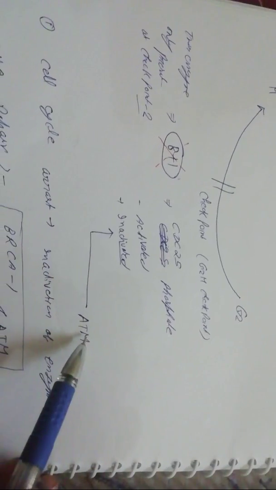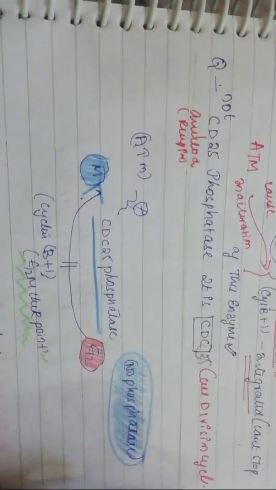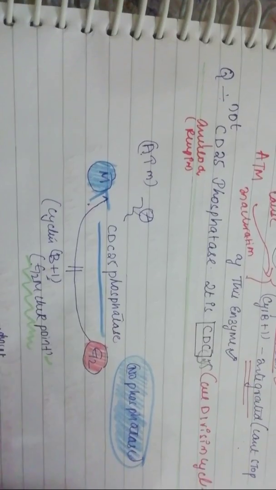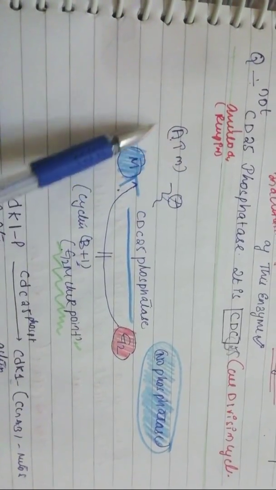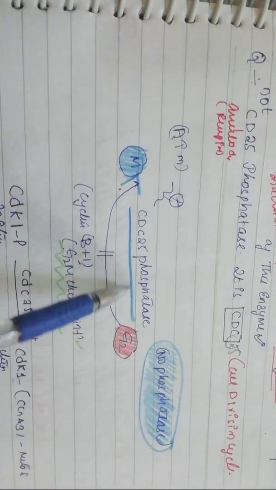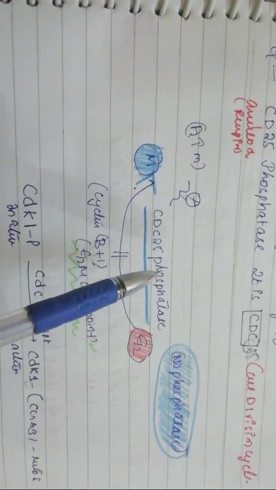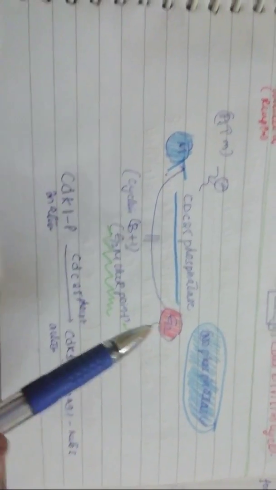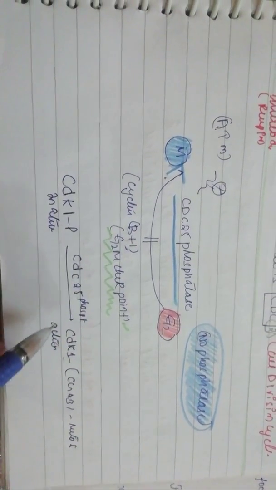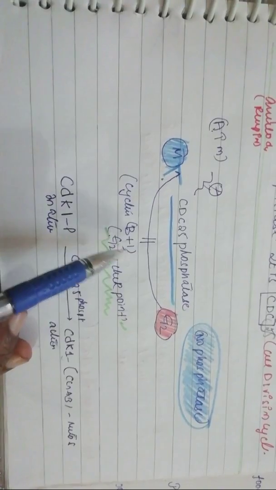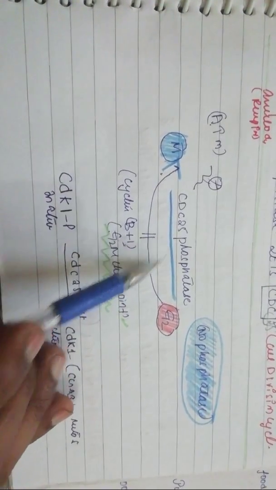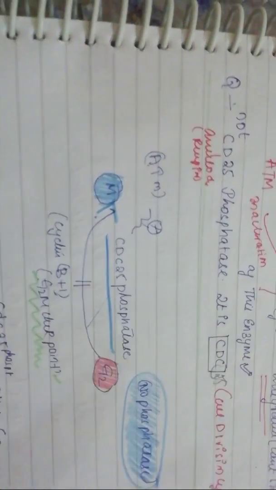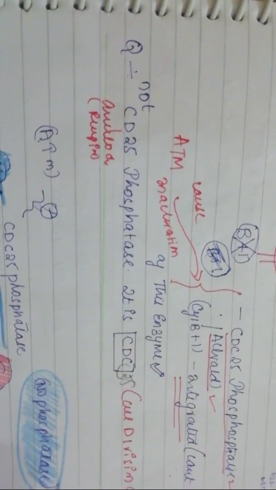The ATM has that ability of inactivation. So how is it P53 independent? The ATM gene inactivates the enzyme CDC25 phosphatase. Once it is inactivated, the active form cannot be formed, and the active form is needed for the conversion of G2 to M. So there is cell arrest. This is how the independent mechanism happens.